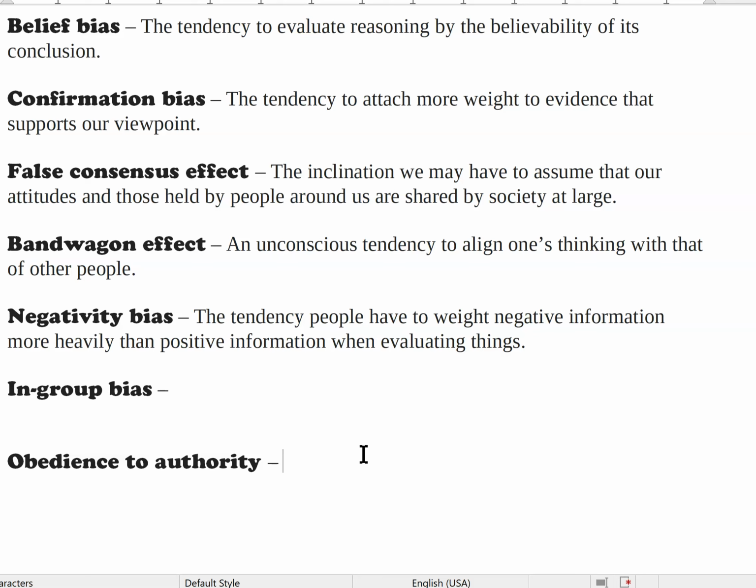The second person was somebody who agreed to give shocks to the third person, called the learner. The job of the second person was to ask questions to the learner, and if the learner got the question wrong, he was meant to shock him.